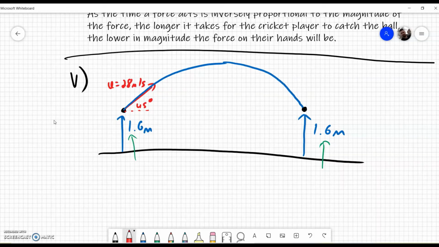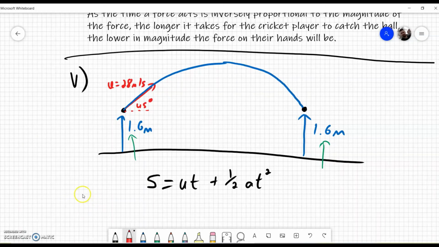If I take everything in terms of its vertical motion, I can use S equals UT plus 1/2 AT squared, because I know the overall displacement is 0, since it starts at 1.6 and ends at 1.6. So I need to find out how long it takes to come back to that point. The issue with this is that right now, the U is not in the vertical.